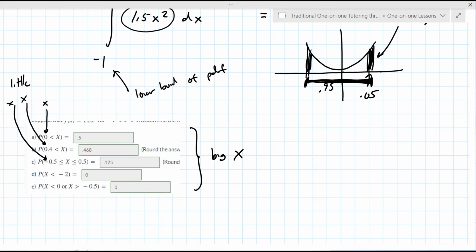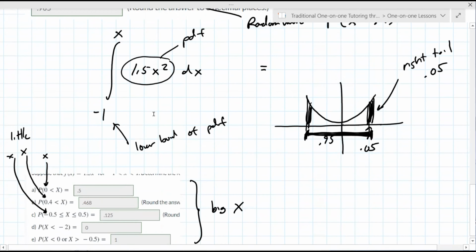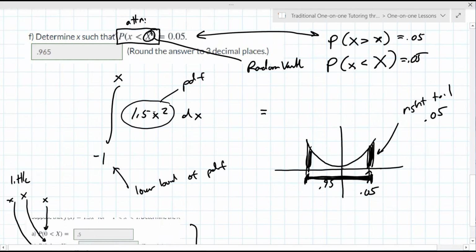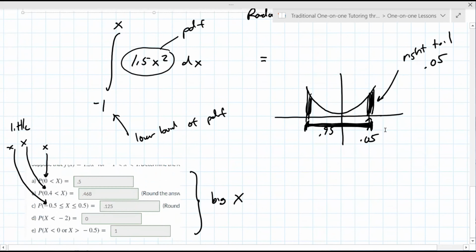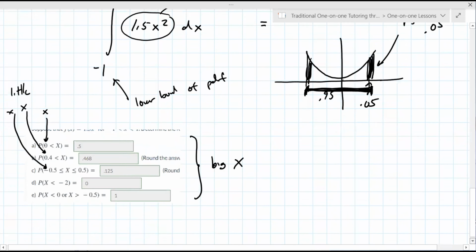It does not. That's why it's called your random variable. Oh, okay. So it doesn't have a specific number value attached to it. Right. Little x is always going to be the one that has the number associated with it. That's probably a reasonable thing to remember.